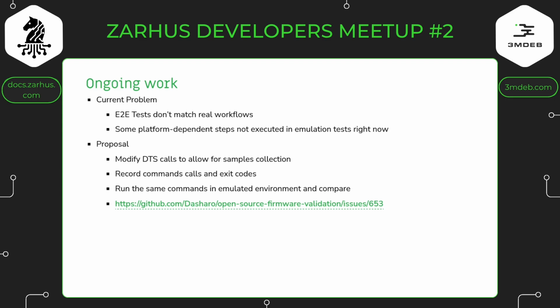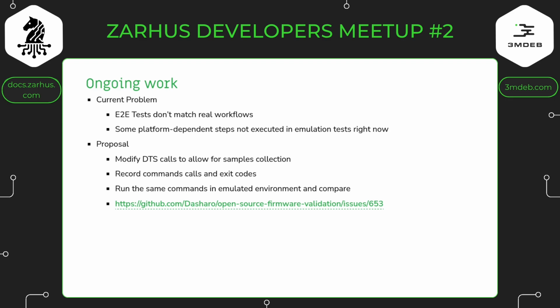but the problem with the current approach is that not all of the platform-dependent steps are executed in emulation. So even if we have passing scenarios in emulation, they may still fail on hardware. So it means that the trustworthiness of those test scenarios is not sufficient for us.